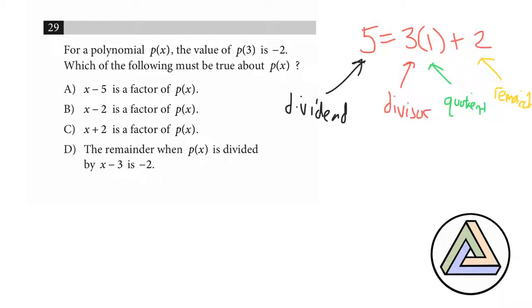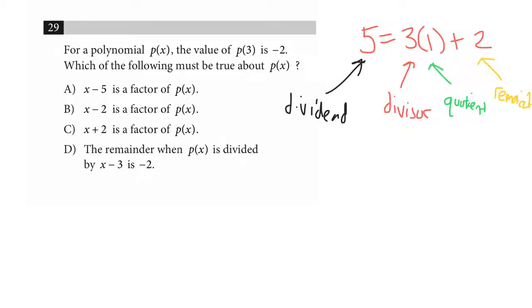And in case that's not exactly clear, we could sort of look at the old school long division scenario where it's 3 times 1 here, and then 3 times 1 is 3, so we subtract that, and then we end up with the remainder, right?